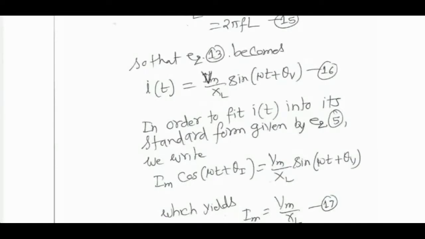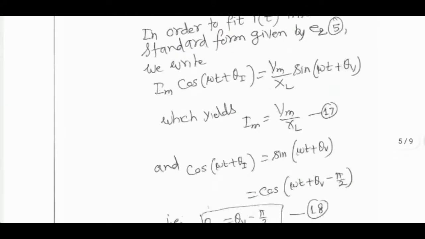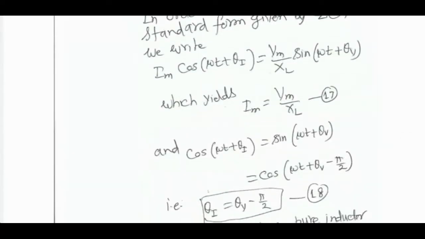So if I compare the two, I got Im equal to Vm divided by XL, and I got a pi by 2 phase difference between the two phase angles. Theta I is turning out to be theta v minus pi by 2. This is very different from what we saw in case of a resistor, where both voltage and current were in phase. This is the major difference in case of an inductive load.